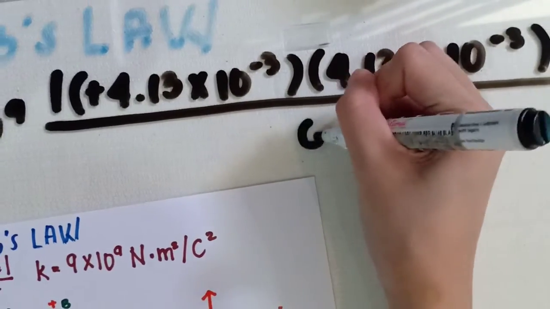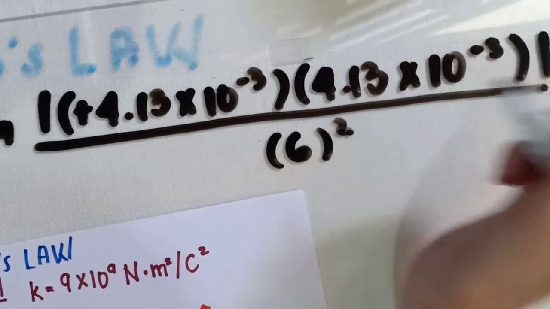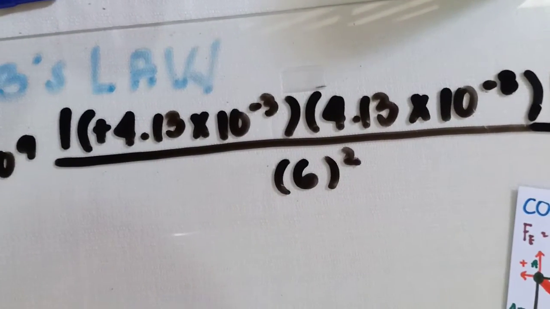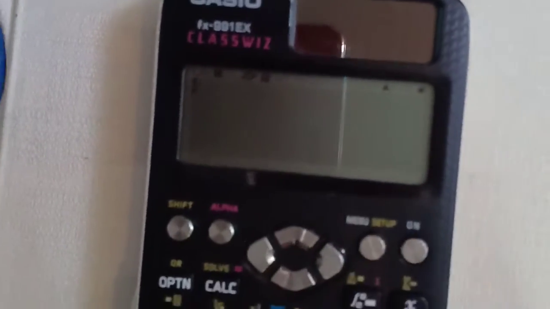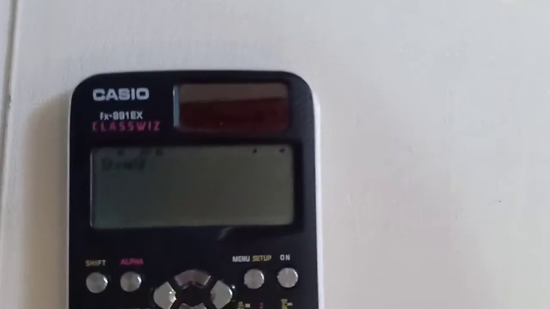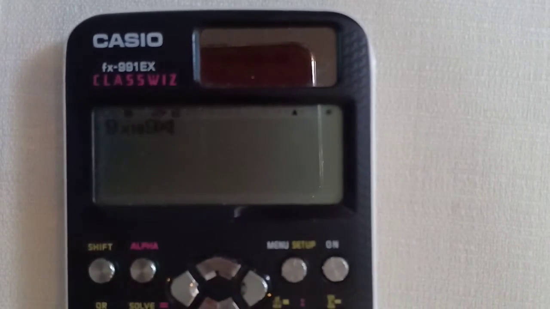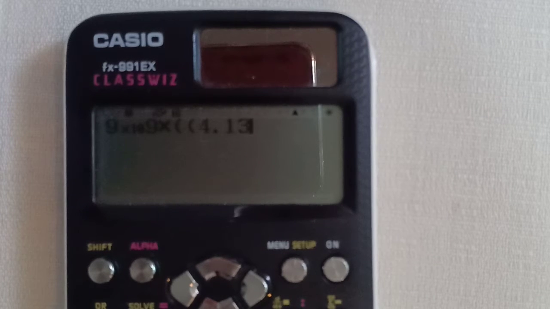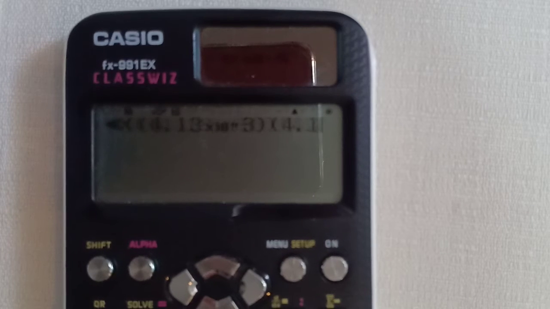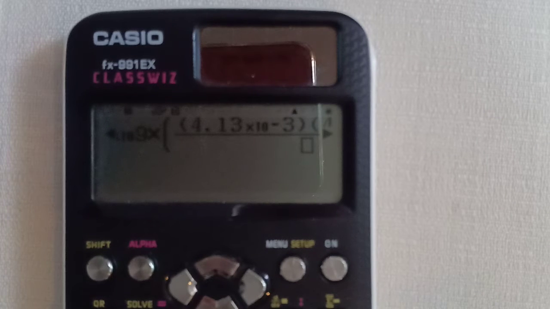So here, 6 squared. So if we plug all of that in the calculator, you will get 9 times 10 to the power of 9 times 4.13 times 10 to the power of -3 times 4.13 times 10 to the power of -3 all over 6 squared.